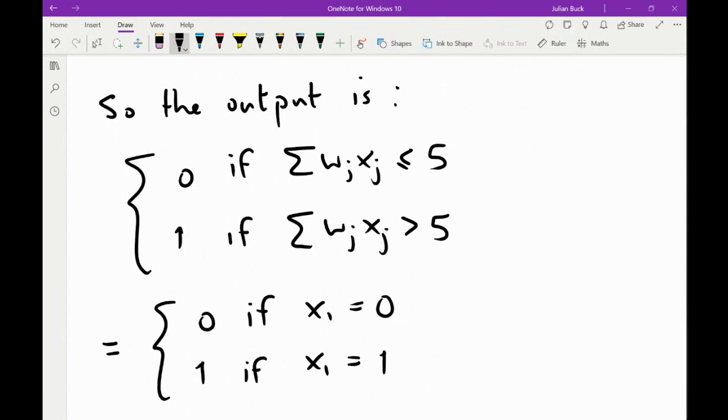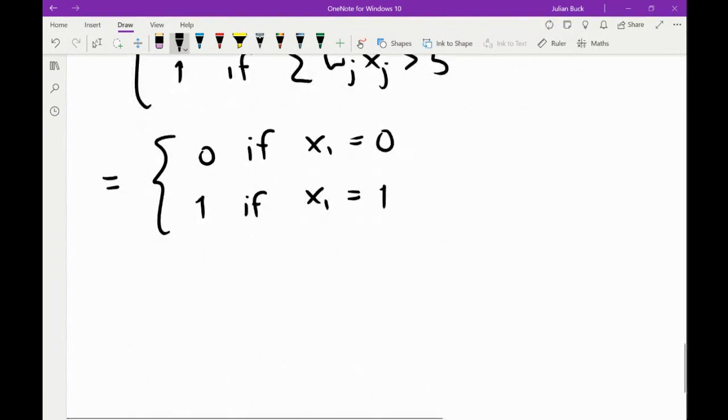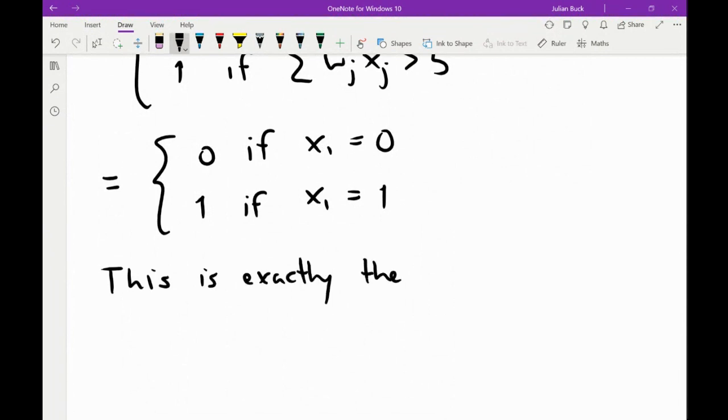So this is exactly the decision process we want, right? So this encodes the scenario that we described.